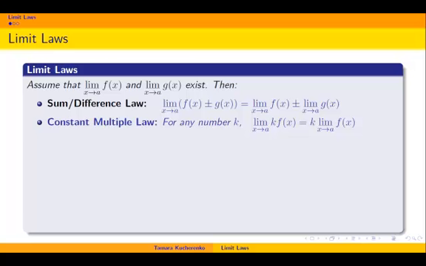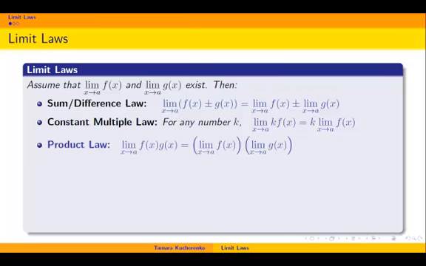The constant multiple law states that for any number k, the limit of k times the function f is k times the limit of f.